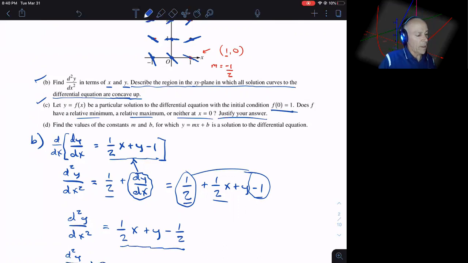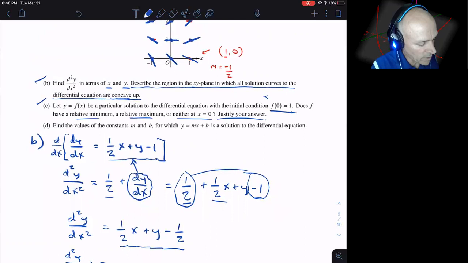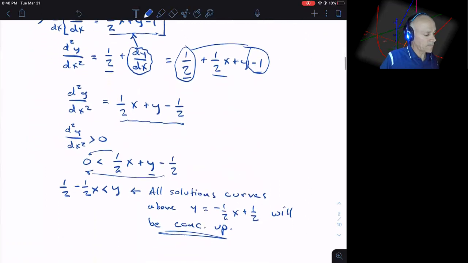Well, what I need to do is check this point, x equals 0, y equals 1, in my first derivative and then in my second derivative, and see the values of those two derivatives for that particular point.